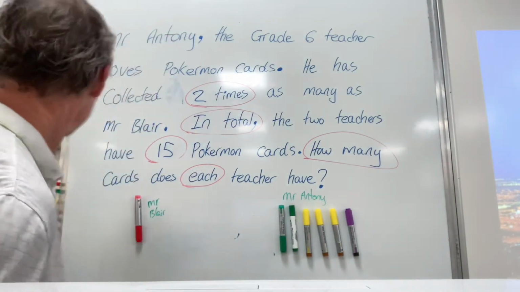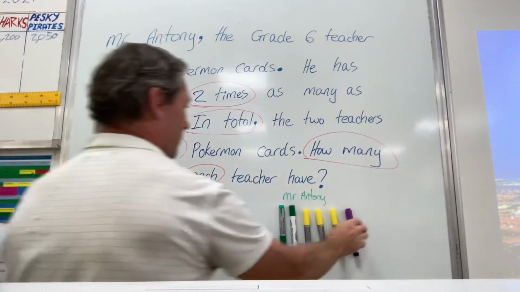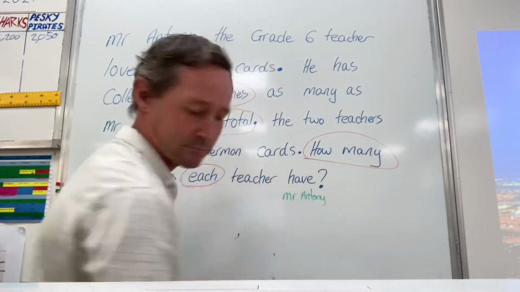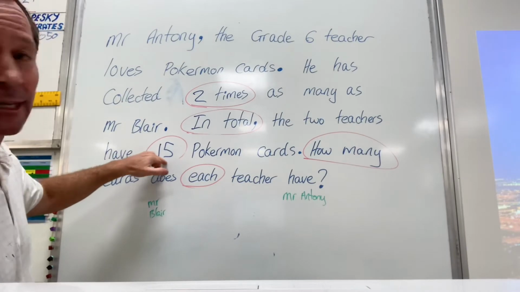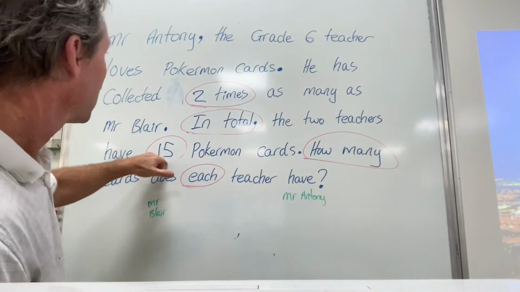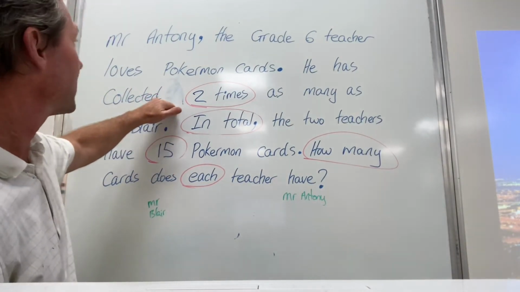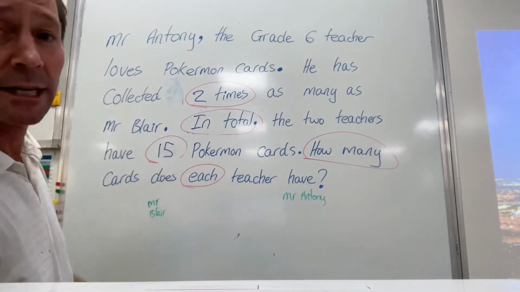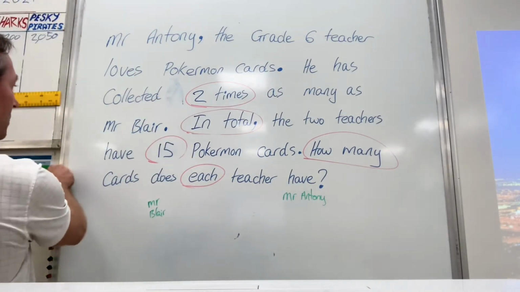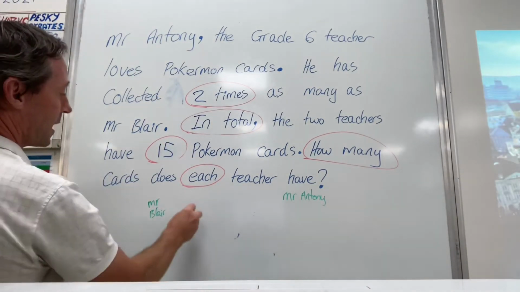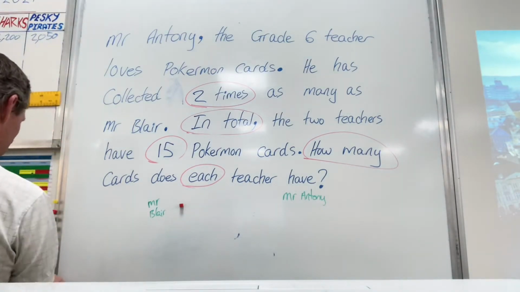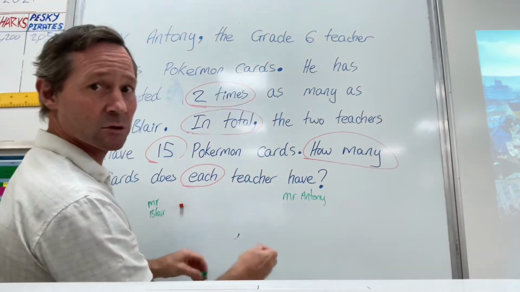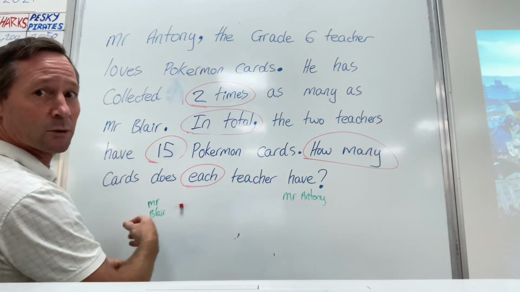So we know in total, 15 Pokemon cards. And Mr. Anthony has 2 times as many as Mr. Blair. So, if I have 1, he has 2 times as many. 2 times 1 is 2.